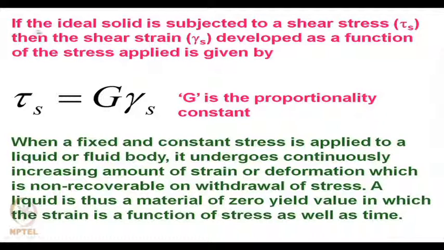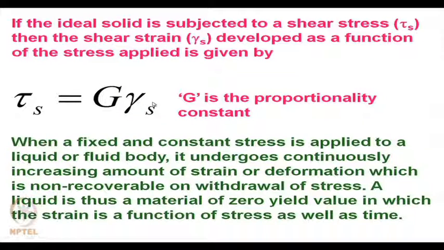So, if a solid is ideal, and if that ideal solid is subjected to a shear stress tau s, then the shear strain gamma s developed due to such shear stress application as a function of the stress applied can be represented by tau s is equal to G gamma s.